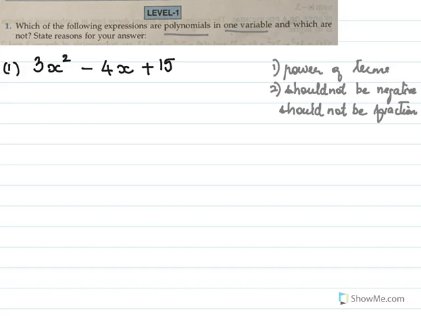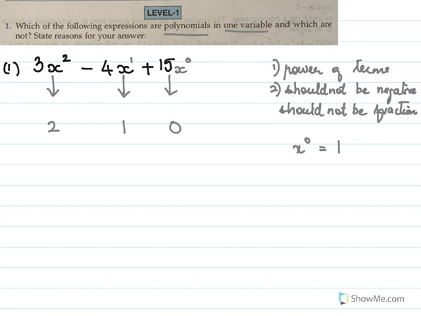So for this first one, here the power of the variable is 2. In this, the power of x is 1. And in this term, there is no x, so it's x raised to 0, because x raised to 0 equals 1. So the power is 0.